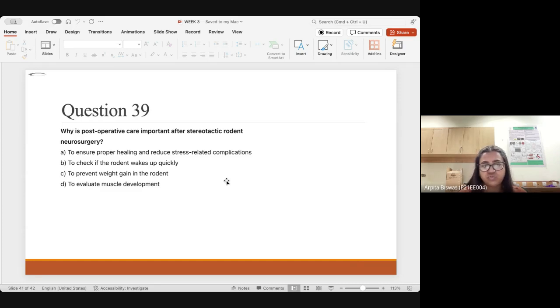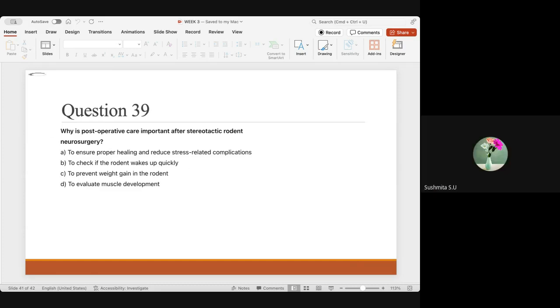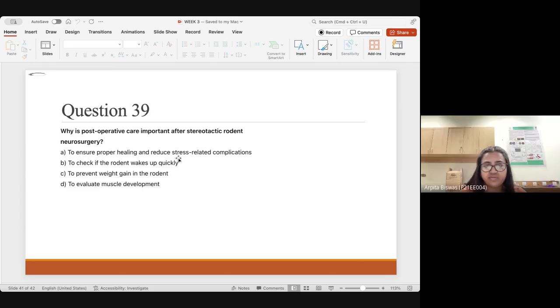And fourth option is to evaluate muscle development. So which one is the right option? A, proper healing and reduce stress-related complications.